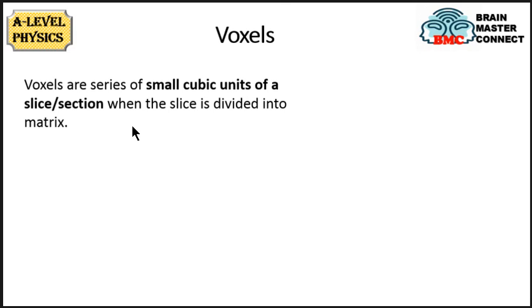So when we divide our section into Voxels, we are doing that in a matrix-like way to give us a 4 by 4 matrix. So obviously I will be having 4 Voxels in a section. That's the implication of that.